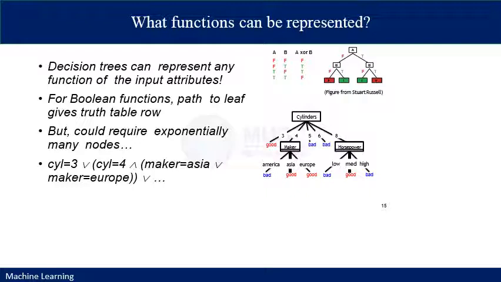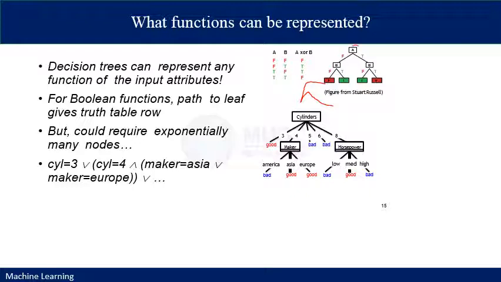So what functions can be represented with decision trees? First of all, you can use decision trees to model binary classification. However, decision trees can represent any function of input attributes. For a Boolean function, the path to a leaf gives the truth table row.